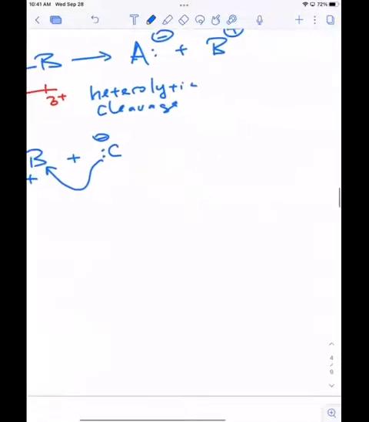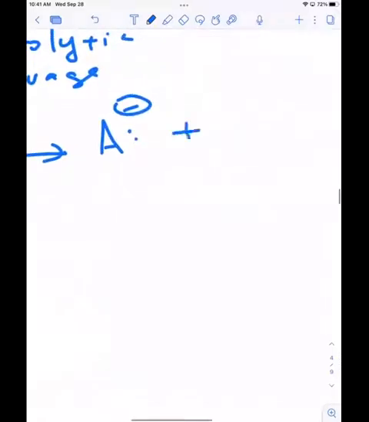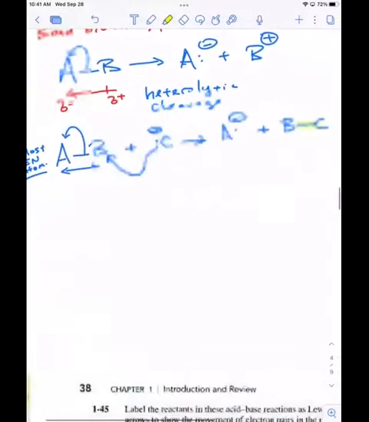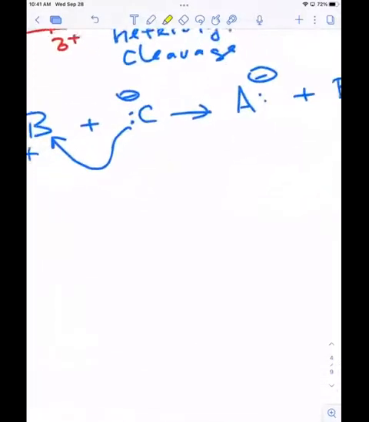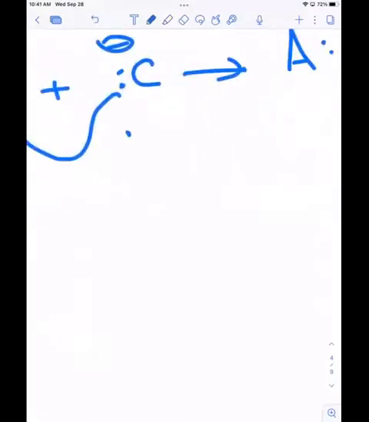So over here, I have A with a pair of electrons, and now this is plus BC. So you can see now there's a new bond between B and C. This type of formation, where C donates a pair of electrons to B, is important.